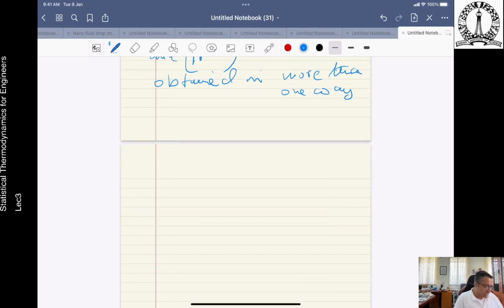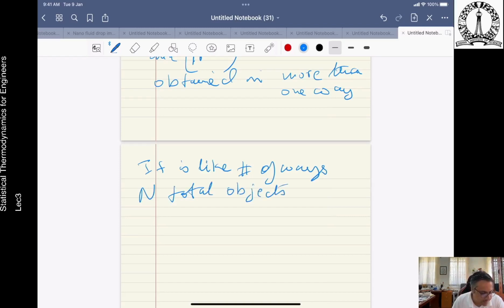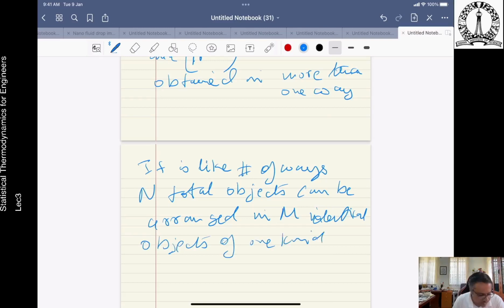It is like the number of ways in which n total objects can be arranged, with m identical objects of one kind and n minus m identical objects of another kind.